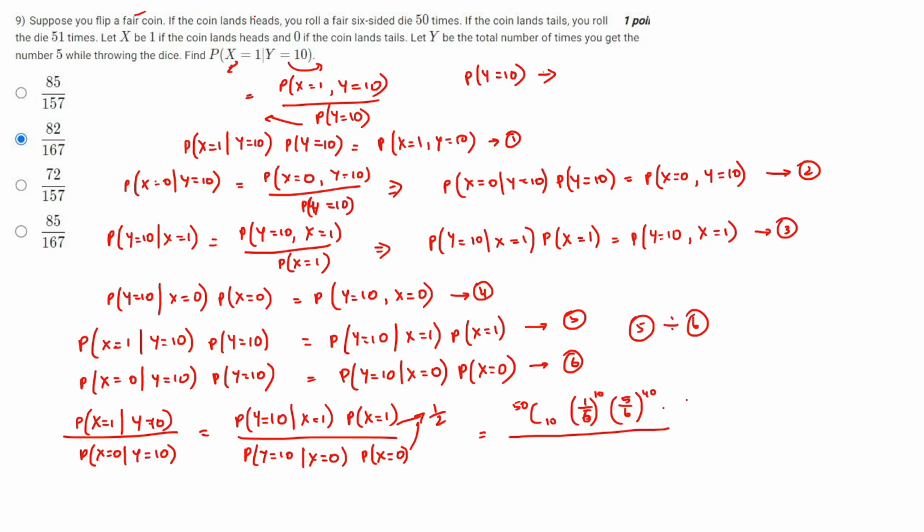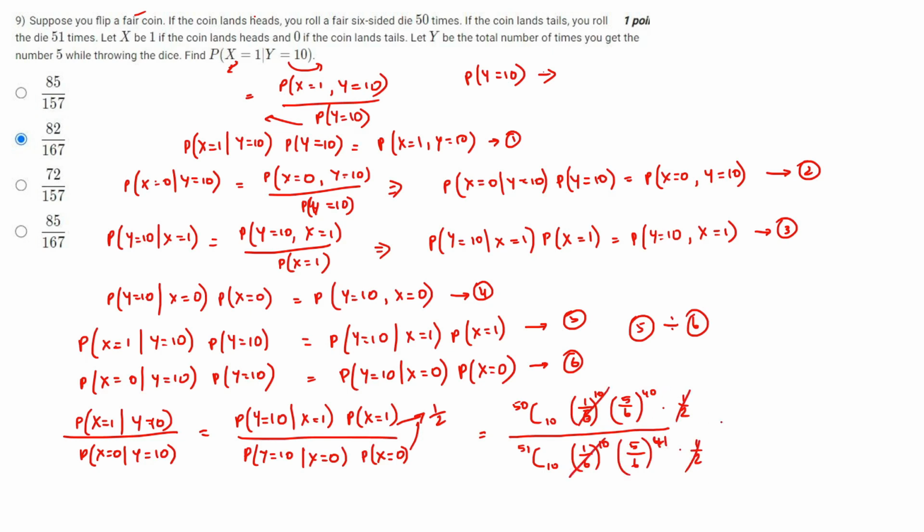In the denominator, 51C10 into 1 by 6 to the power of 10 into 5 by 6 to the power of 41 and into 1 by 2. The 1 by 2 cancels, and 1 by 6 to the power of 10 is also cancelled.